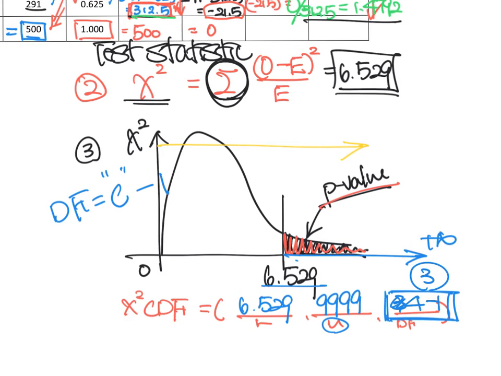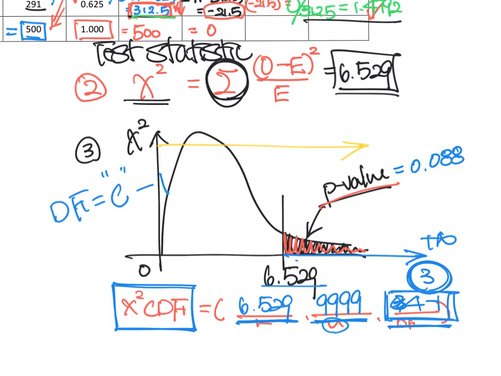So you pick chi-square CDF in the list of distributions in the TI-84 calculator and plug in the lower value, upper value, and the degree of freedom c minus 1, which is 3. Then you will get the p-value 0.0885. Do not take it twice.